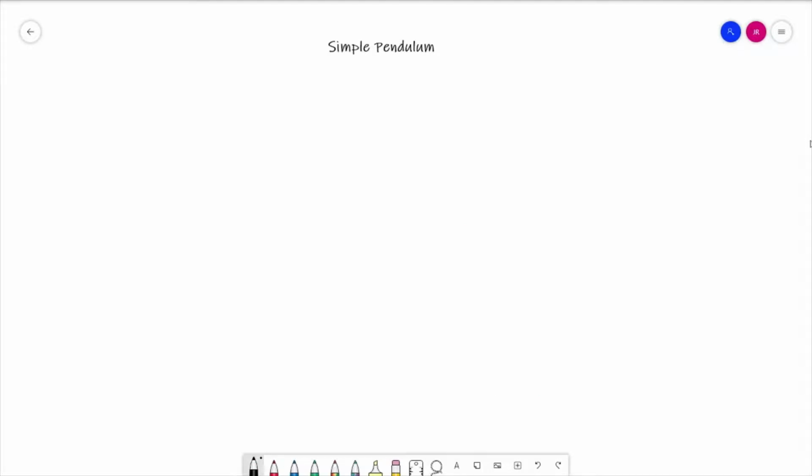So bringing that onto the next slide then, the restoring force, the net force, is mg sin theta.